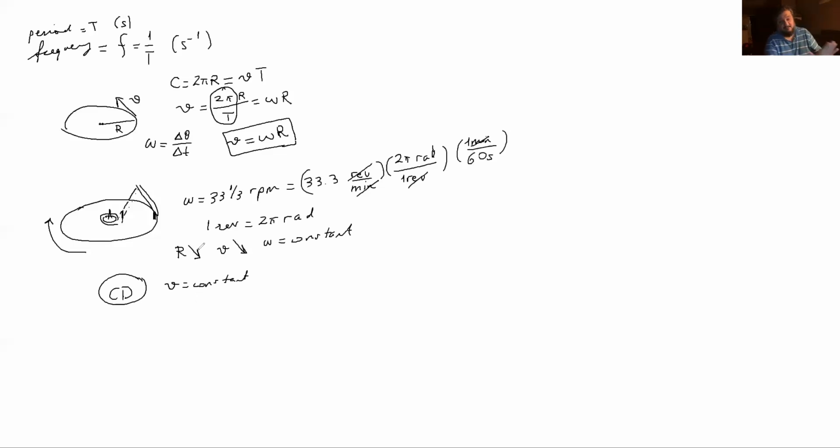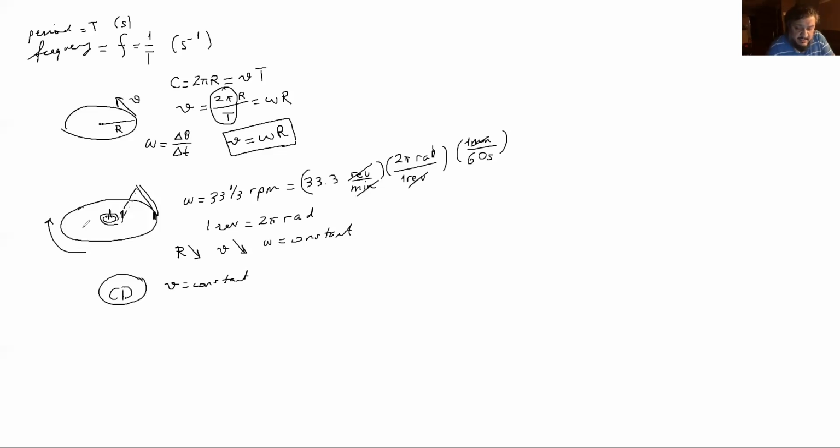If I'm not mistaken, CDs work that way. So that's the relation between V and omega. For a rigid body under rotation, every point on that object has the same omega. But V, linear speed, depends on how far you're away from the center. Farther away, greater is V, greater velocity.